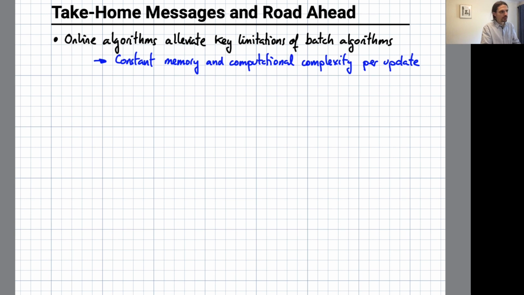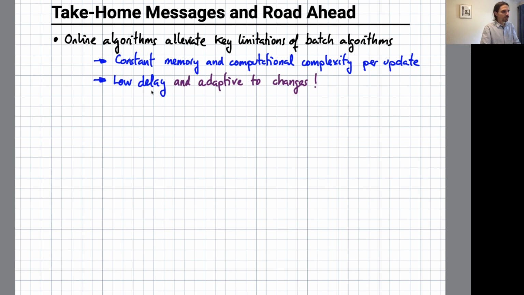The memory that we need doesn't grow as we receive more data, in contrast to batch algorithms. And besides, the computational complexity per update is bounded, right? So it doesn't grow quadratically or cubically with the number of samples, for example, as it would in a typical batch algorithm.